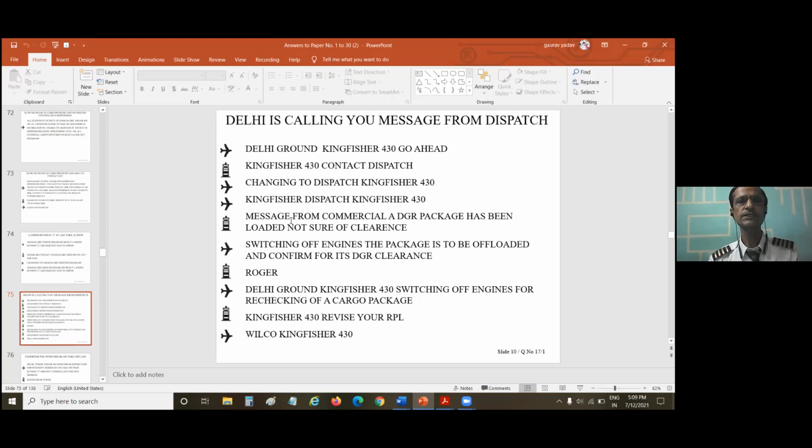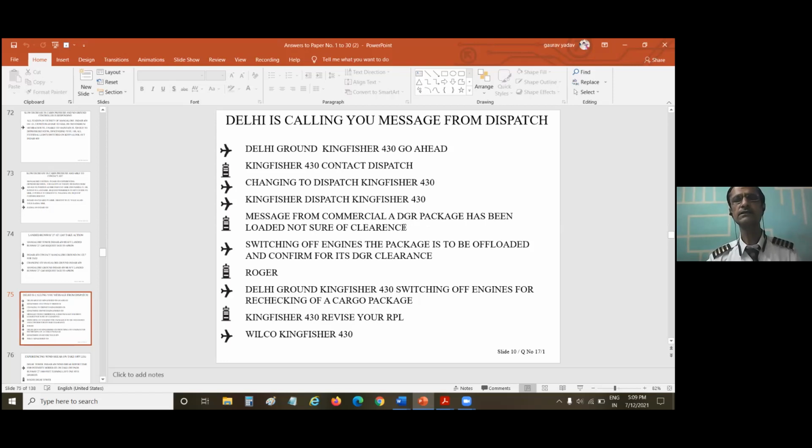What the dispatch department is telling you is that we have got a message from the commercial department that a DGR package has been loaded. Not sure of clearance. That means we have loaded a package, or you can say a type of cargo, in your aircraft. On that, we have a sign which is a DGR package.